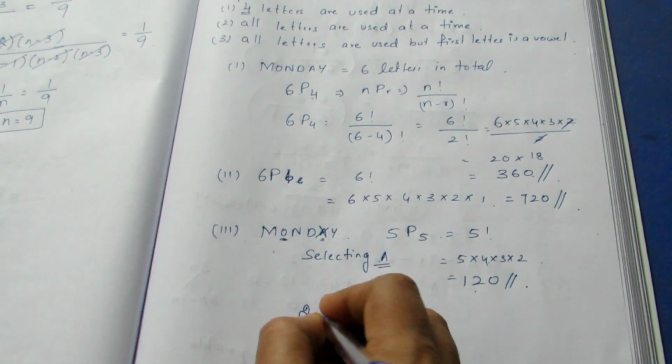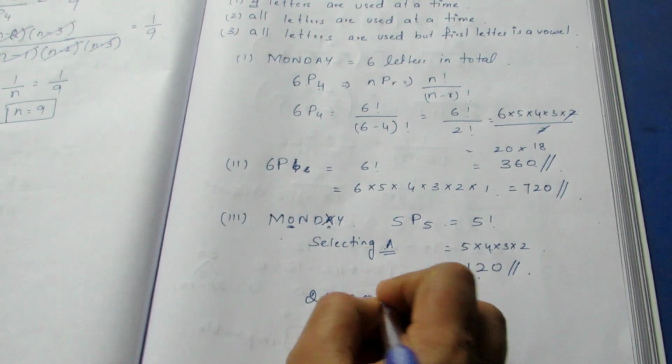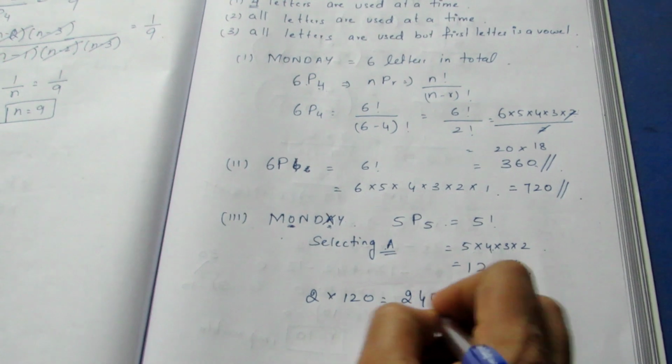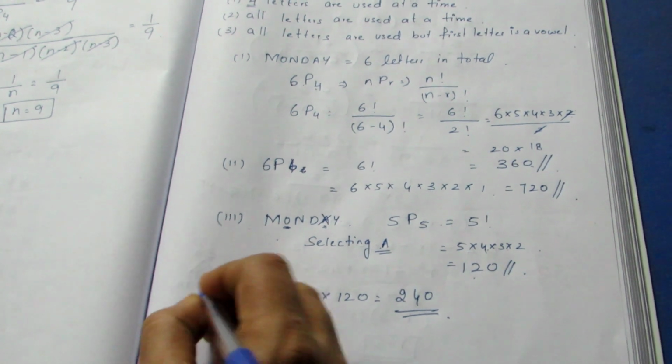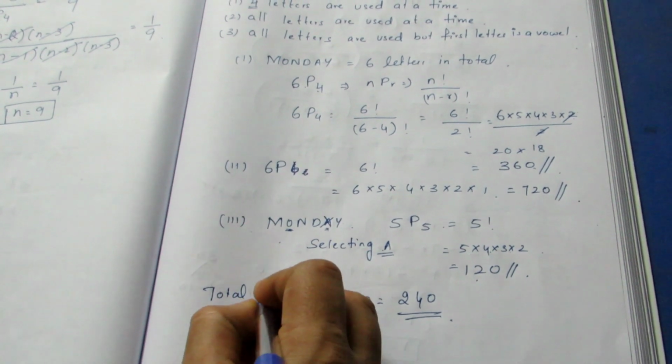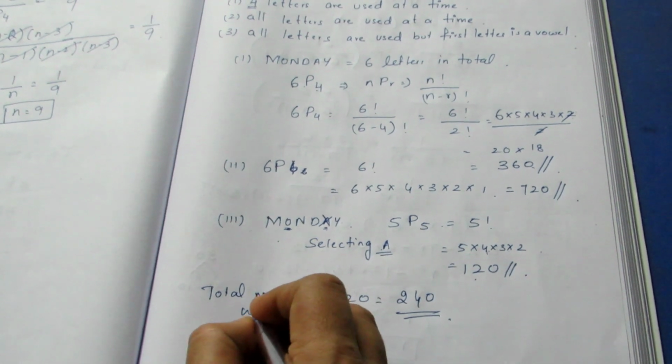So 2 into 120, which is 240, is your final answer. As there are 2 vowels, we need to multiply it with 2 for the total number of ways. This is the total number of ways. That's all with the sum.